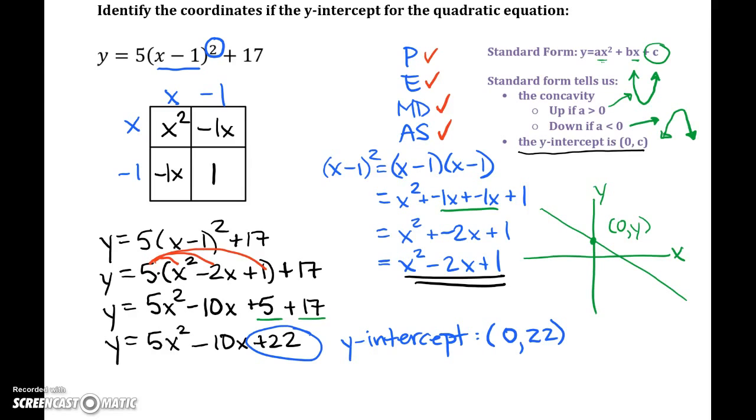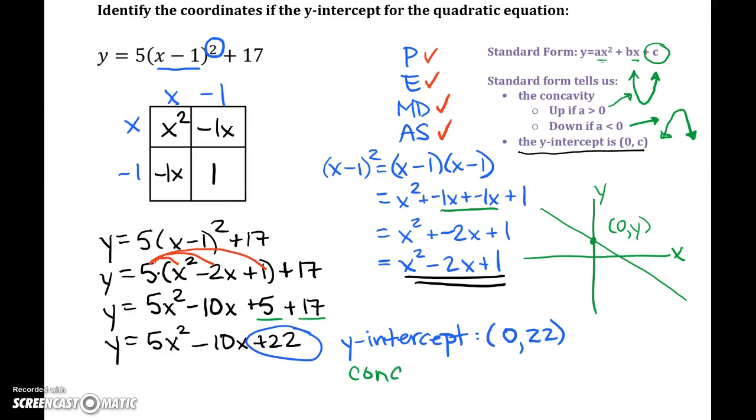Now, going back over to the information we gave before, we can also mention the concavity. Looking at either the original equation up here or the one down here, we can see that our leading coefficient is a 5.